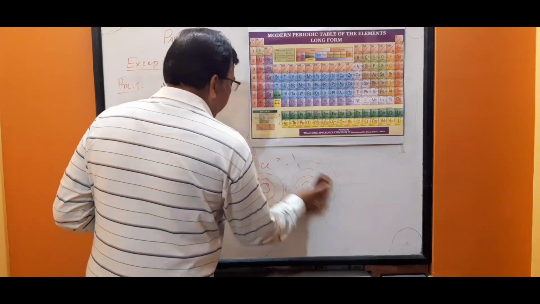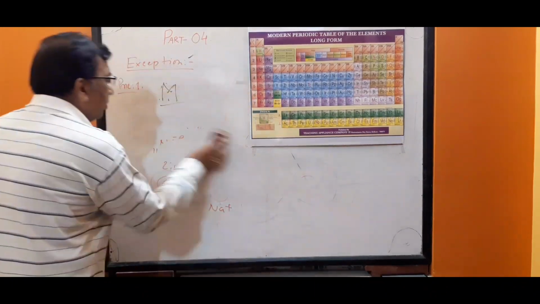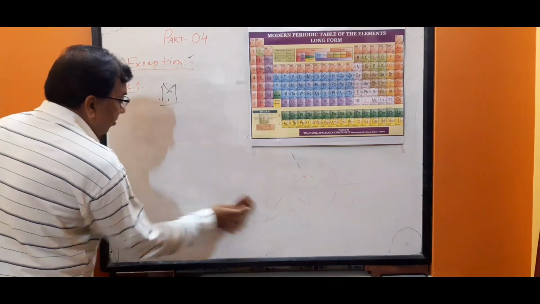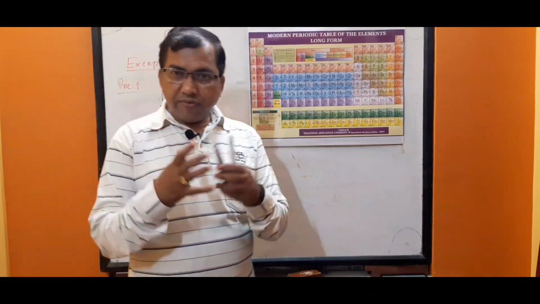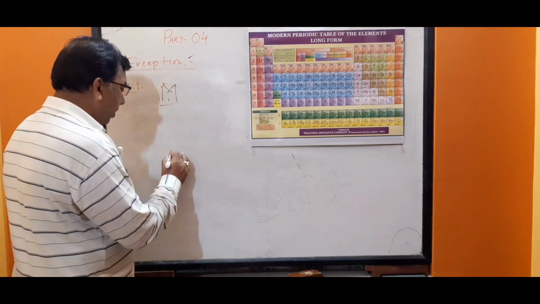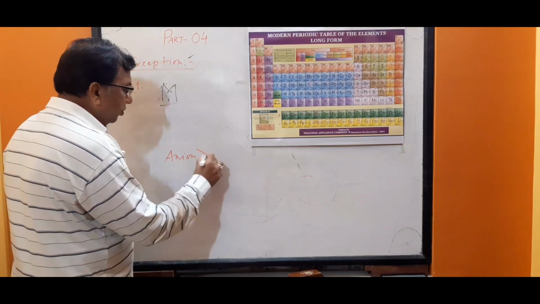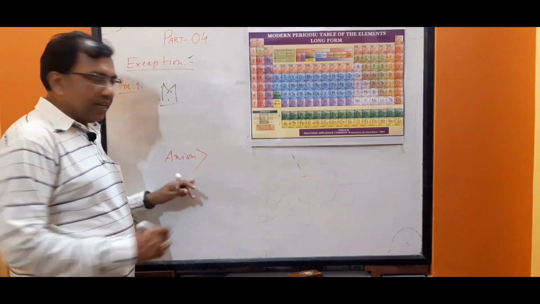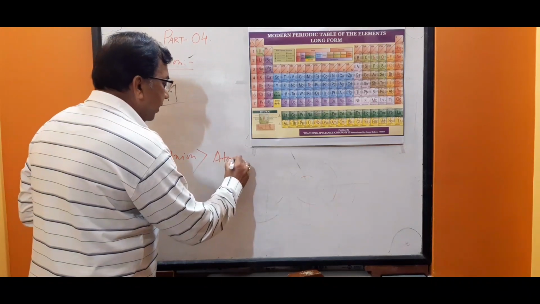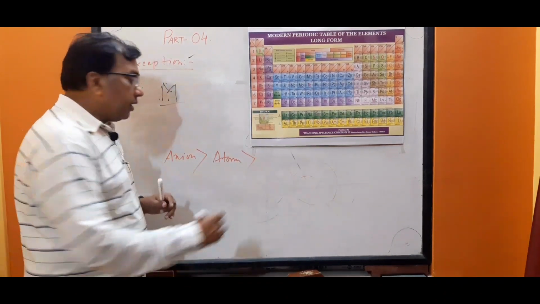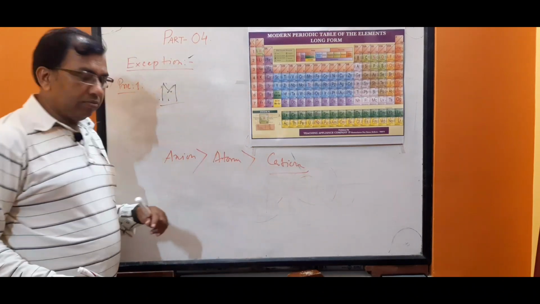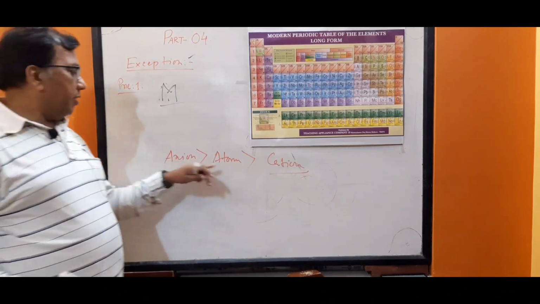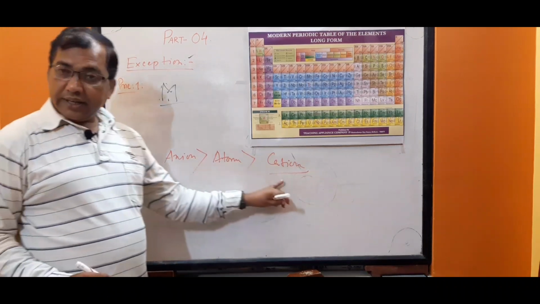So in that case, in case of anion or in case of cation, what will be the concept? The radius of the anion is greater than the parent atom, which is also greater than the cation. Clear? Anion is greater than the parent atom, which is greater than the cation.